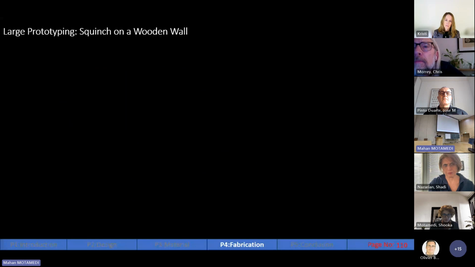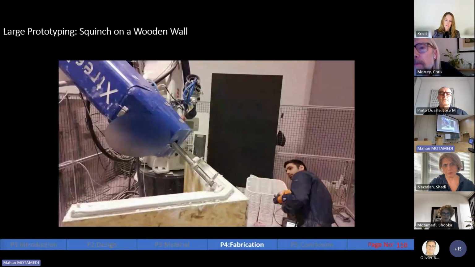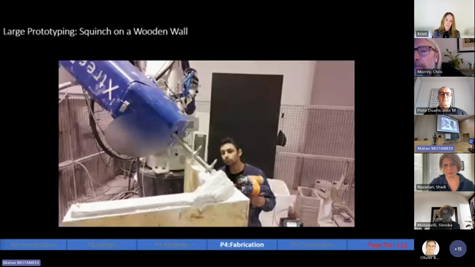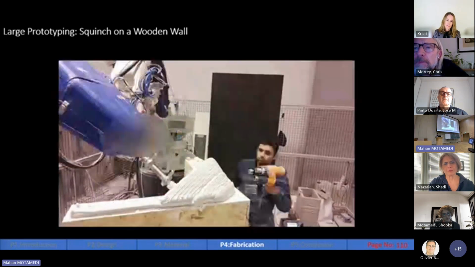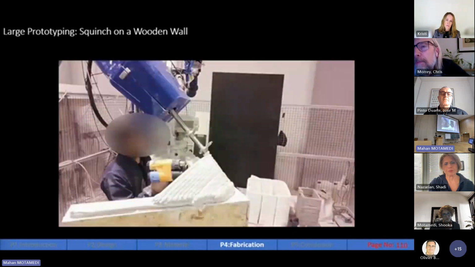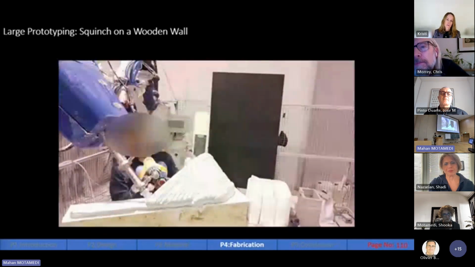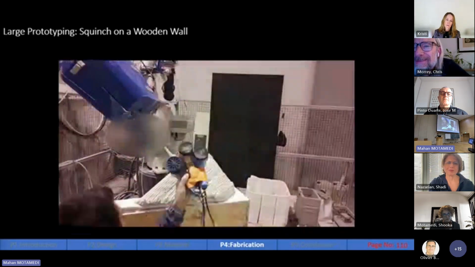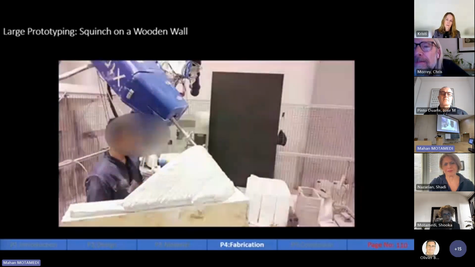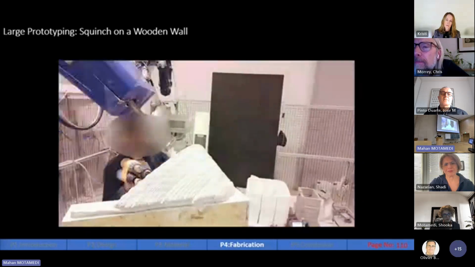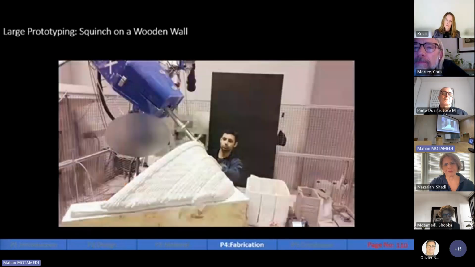The second prototype that we conducted using this setup is a prototype of a squinch on a wooden mold. We learned from the first prototype in large scale, and now we intensified the heating process. This time, instead of 1 heat gun, we used 3 heat guns. And for this prototype, we could successfully print a double-layer squinch on a wooden mold, which spans more than 1 meter.